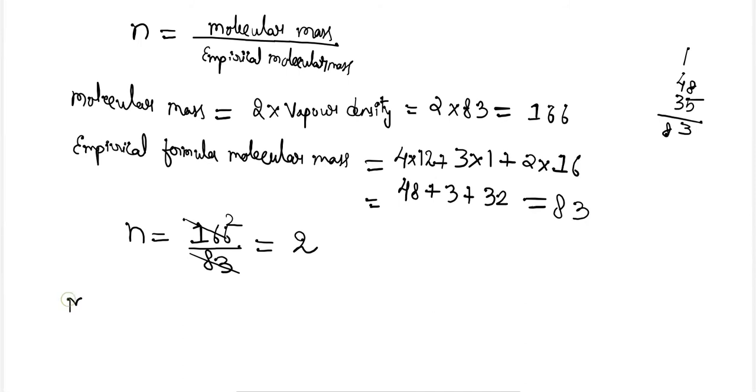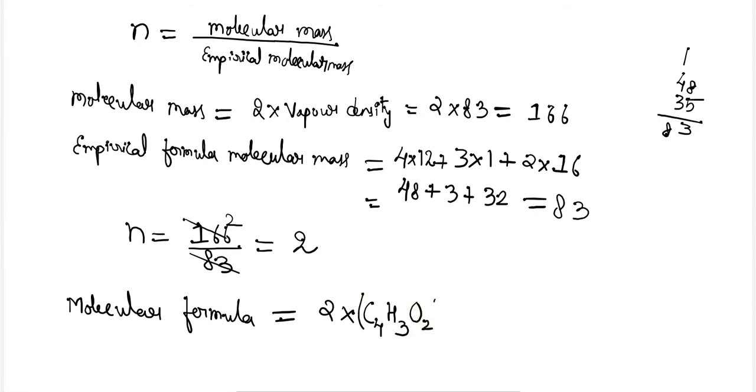So the molecular formula required here becomes 2 into C4H3O2, which is C8H6O4. Okay, so this is the answer, the molecular formula which has been required here.